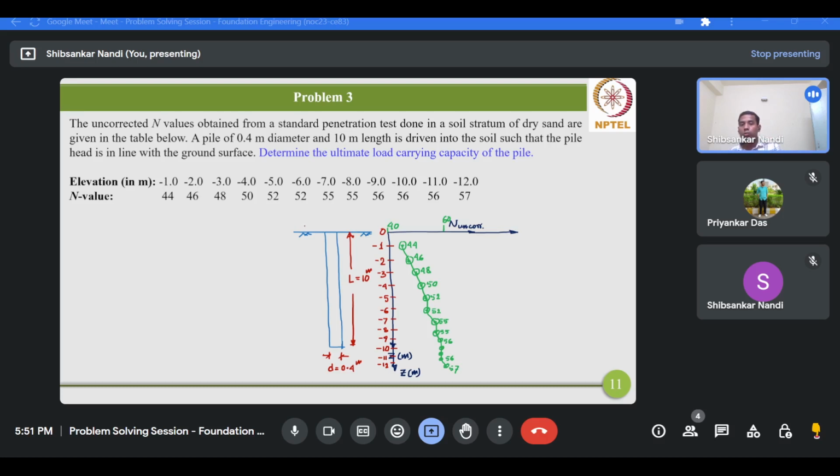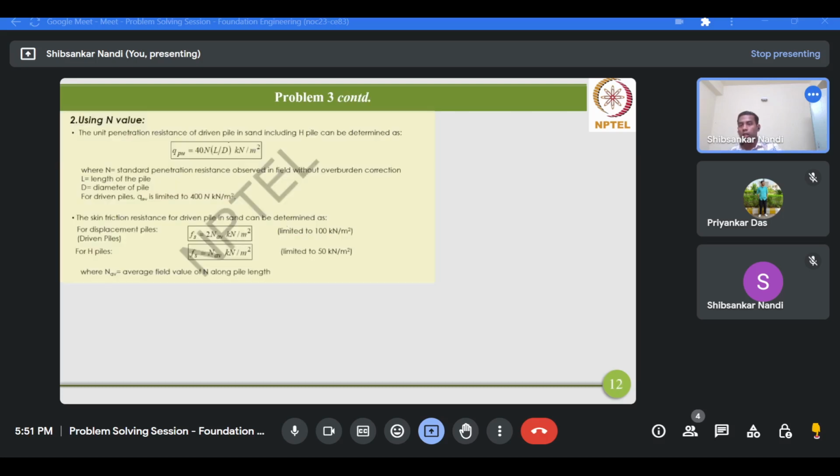To calculate the ultimate load carrying capacity using the SPT test data, you have to go for some empirical correlation. So this is the correlation. As you know, this ultimate resistance is contributed by two components. So QU is the summation of QPU and QS, that is, the ultimate point bearing resistance and the ultimate skin friction resistance.